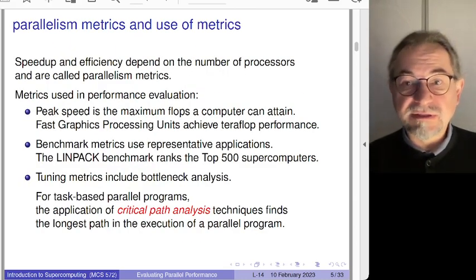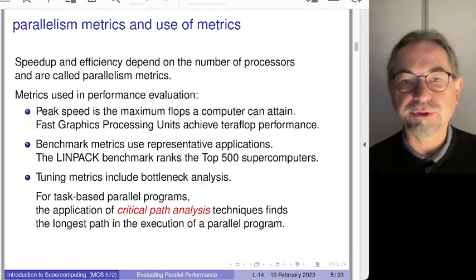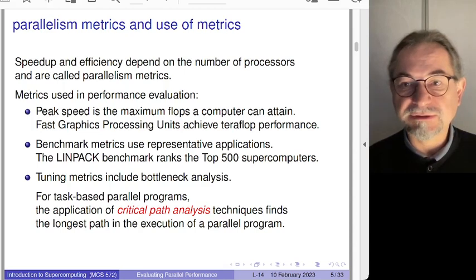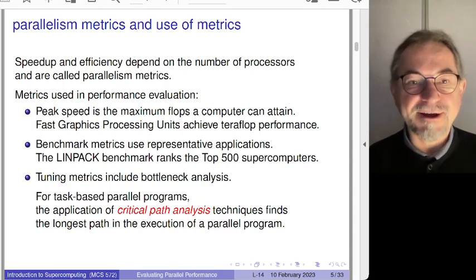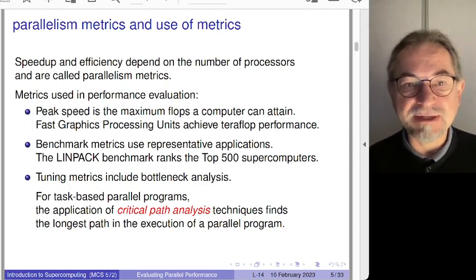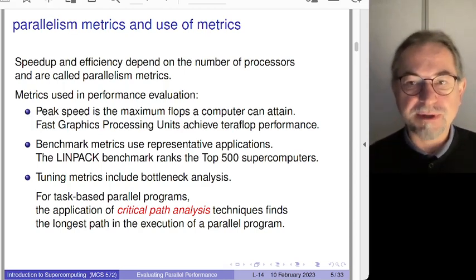Okay, so this is extremely important because we want to determine the performance of parallel computation. Performance is often used to make value judgment. So is a computer good or not? So there is the peak speed. So we are now towards the end of the shared memory parallel programming.